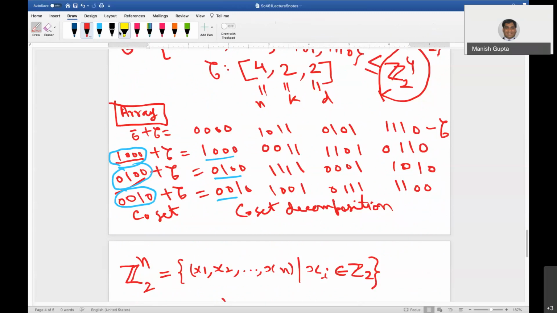Suppose this vector 1 0 1 1 is sent, so your x is 1 0 1 1, and suppose the last bit is corrupted. The received vector y is 1 0 1 0. So how do we decode? We look at this.